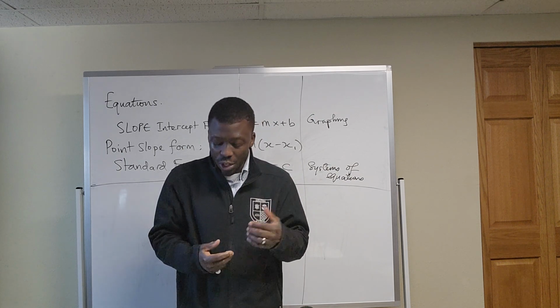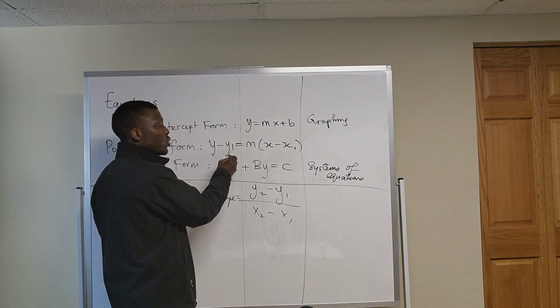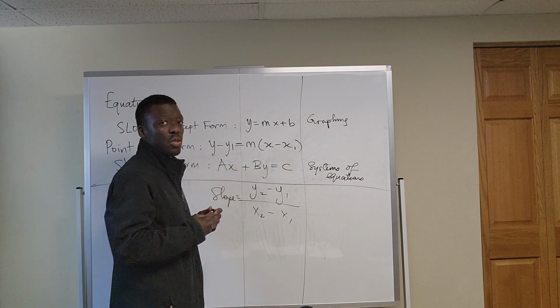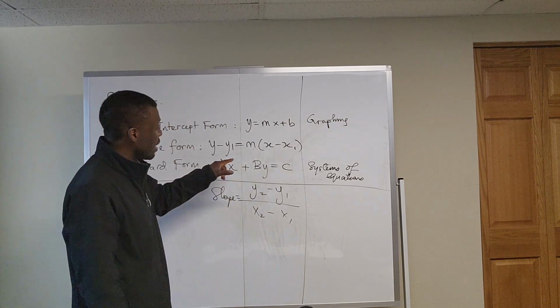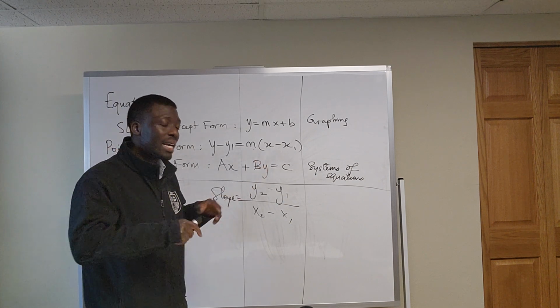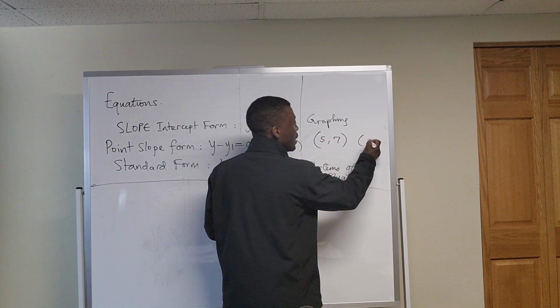In doing the point-slope form, notice that it's y minus y1 is equal to m times x minus x1. The important thing to note is that when you're using the point-slope formula, you select one of the 2 points. So let's say they give you this point and this point.